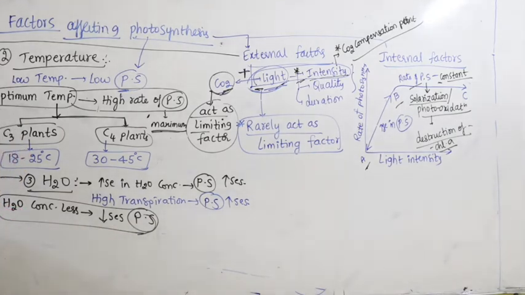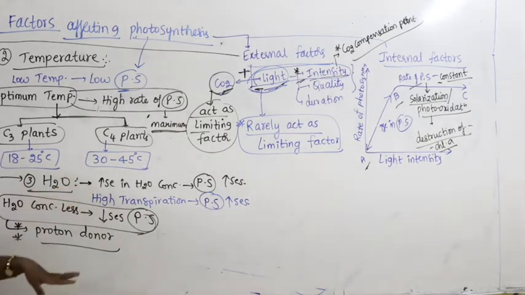Why? Because water is the proton donor, and the oxygen released comes from water, not from carbon dioxide. So water acts as the proton donor. That is why water is very important. With plenty of water, the rate of photosynthesis increases and high transpiration occurs.